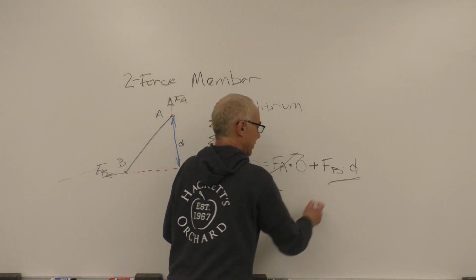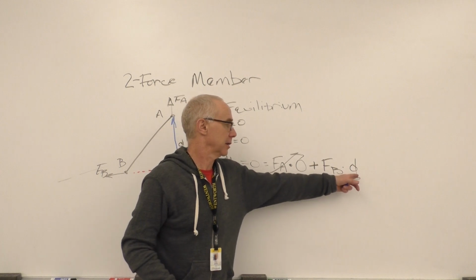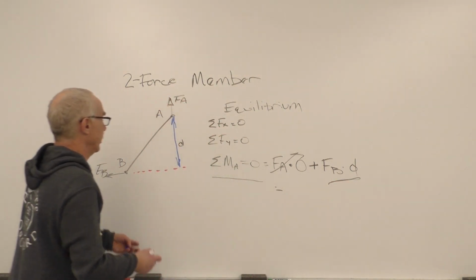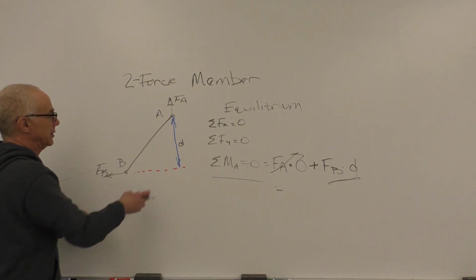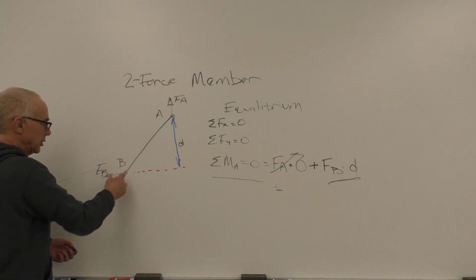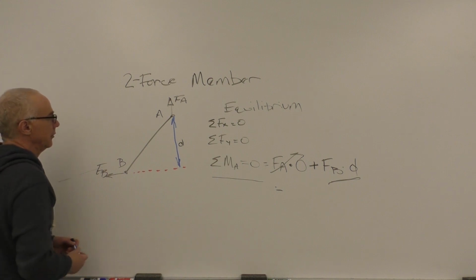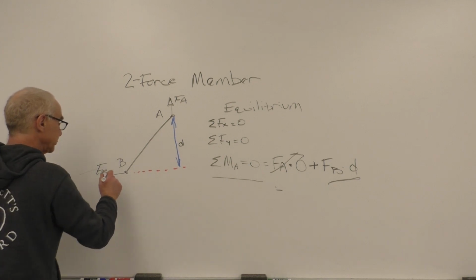This contribution has to be 0. But if f of B is not a 0 force, then the value of D has to in fact be 0. So the only way you can have a moment arm D of 0 would be if this force were in the direction of the axis of the two-force member.